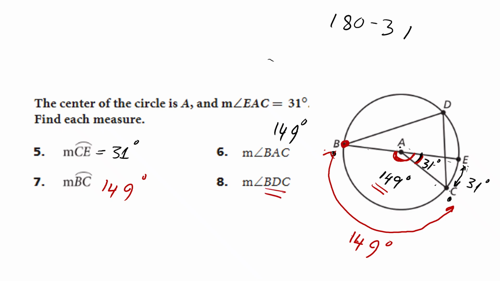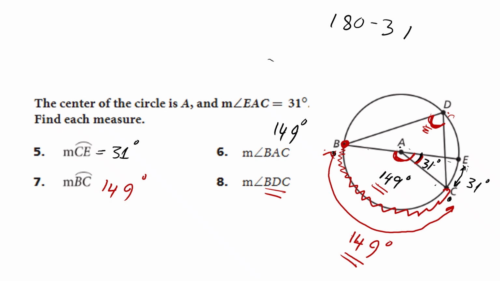Now angle BDC, check where is angle BDC. So this is the B, this is the D, and this is the C. This is actually the inscribed angle. Okay, now first of all, this is the inscribed angle, and you know that the arc that is opposite to that inscribed angle is 149 degree. So for the inscribed angle, this is the half of 149 degree.